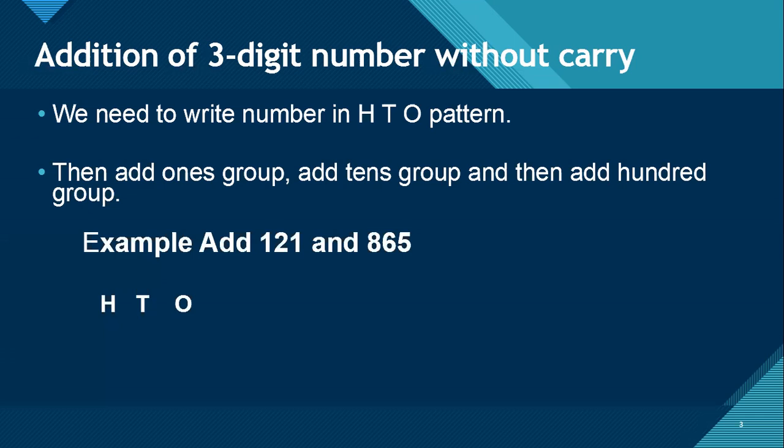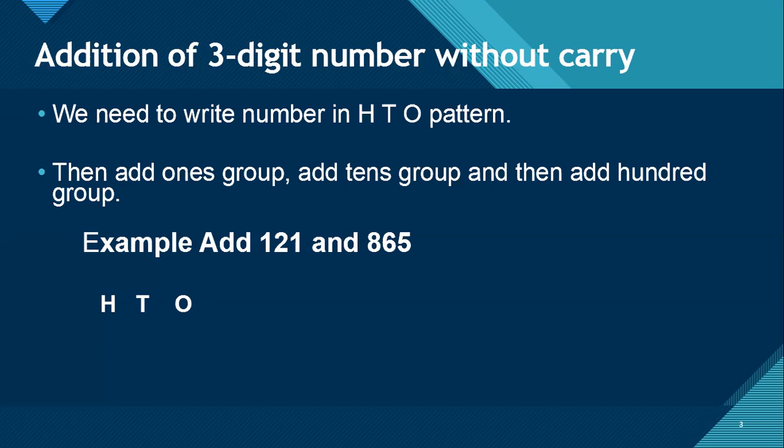For example, in 865, the 5 is in the ones place, so we write 5 below O, then 6 below T, and 8 below H respectively. Similarly with 121, we write 1 below O, then 2 below T, and 1 below H. Then we have to add these respectively.